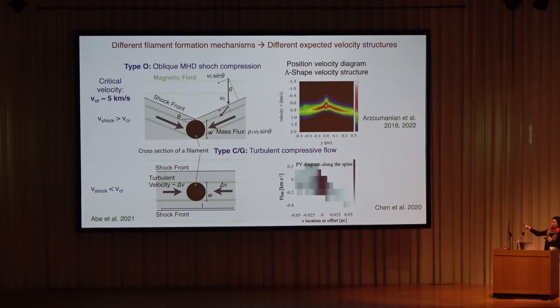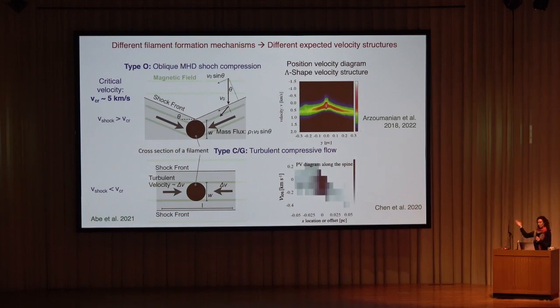And if the filaments are formed due to turbulence or gravity in the sheet, we expect to see this kind of velocity structure. So it's very interesting to check in the observations if we can quantify and see this difference.